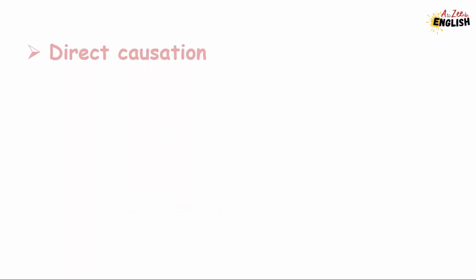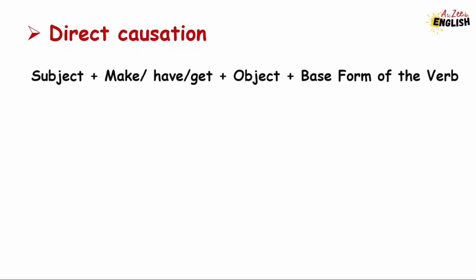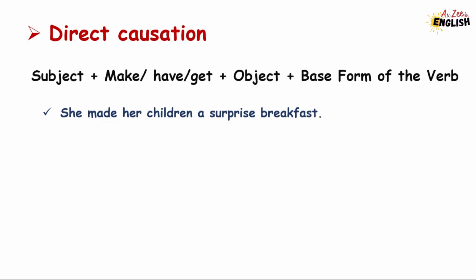The sentence structure of direct causation is the subject plus the causative verb, make, have, or get, plus object plus base form of verb. For example, she made her children a surprise breakfast.